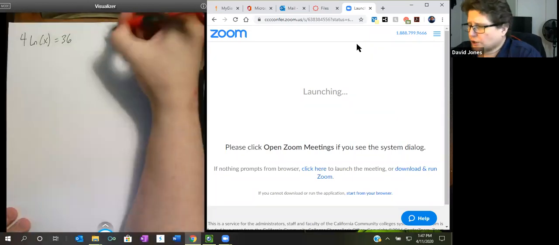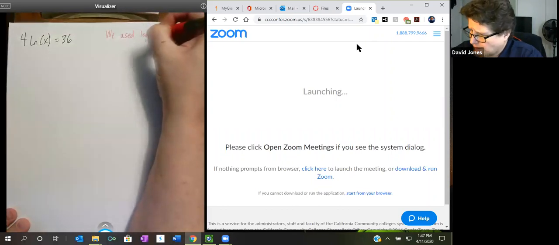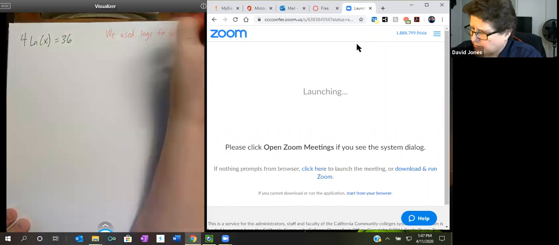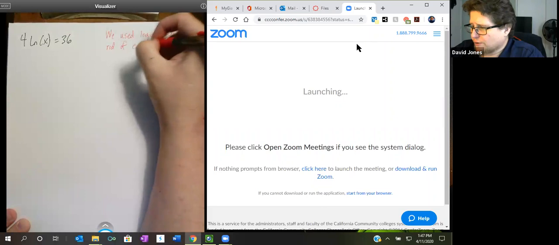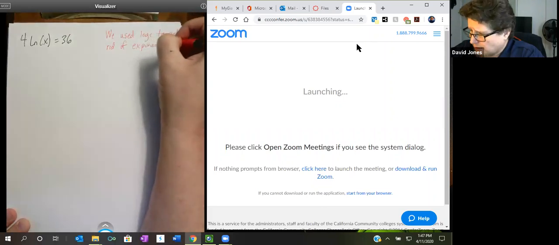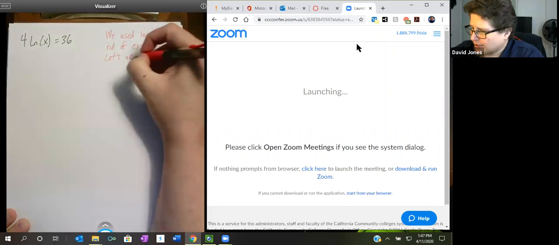We used logs to get rid of exponents. Exponentials turn it into a regular equation. Let's use exponentials to get rid of logs.